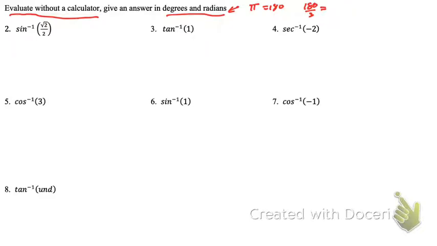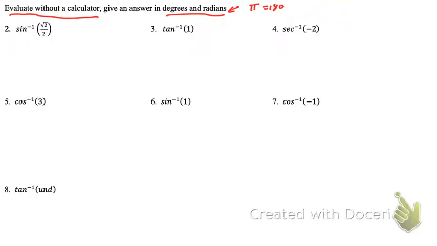So the way you think about this is, if I have a 60-degree angle, what is that in radians? Well, 180 divided by 60 is 3, so that's pi over 3. If it was a 30-degree angle, what's 180 divided by 30? 6, so that's pi over 6.